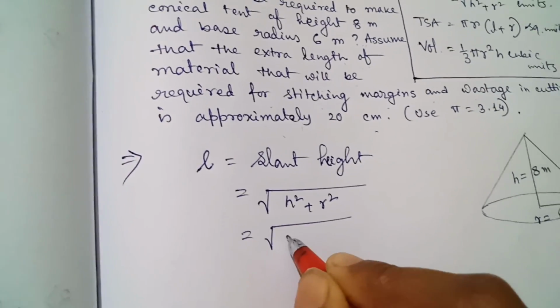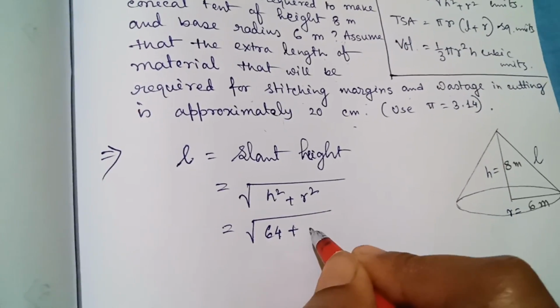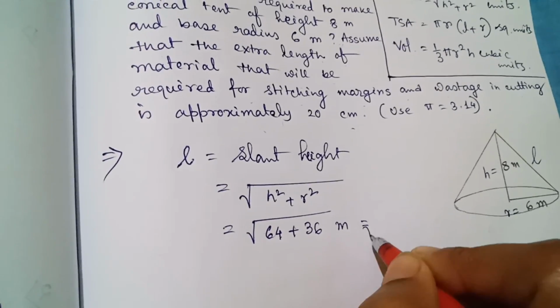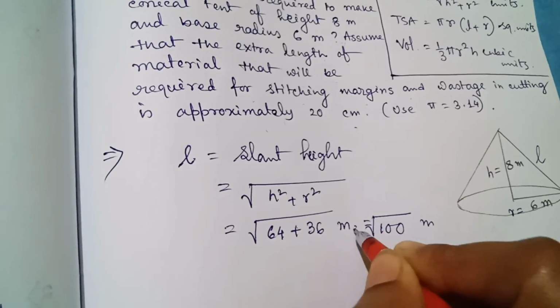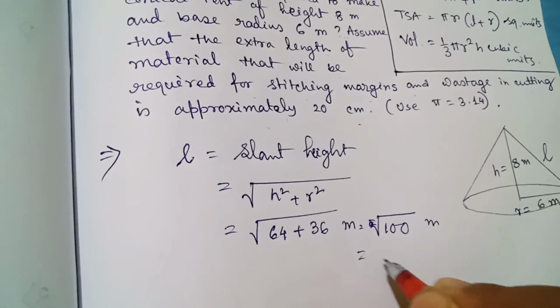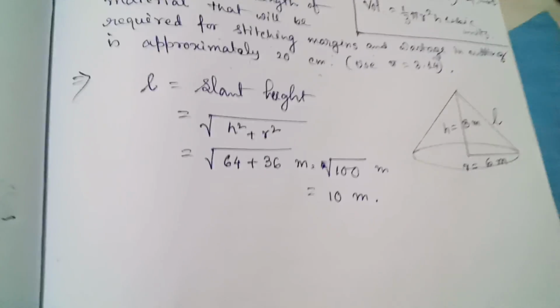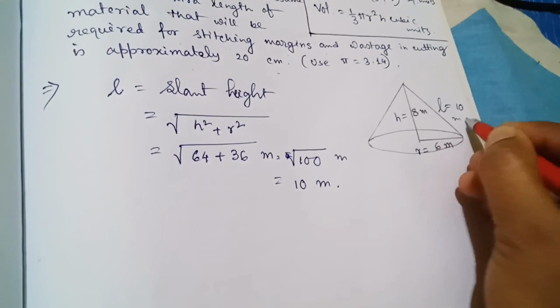That means h square is 64 and r square is 36, so it's root over 100 meter, that means 10 meter. So we have got L equals 10 meter.